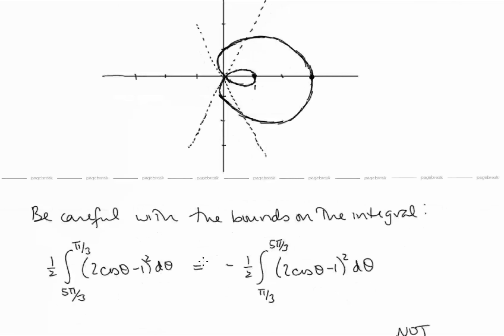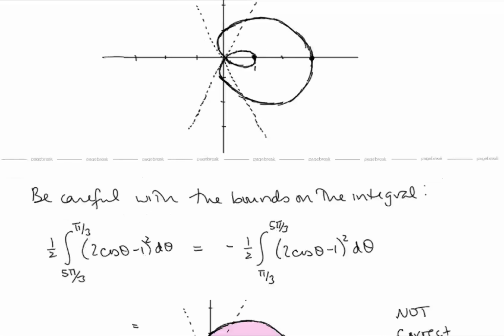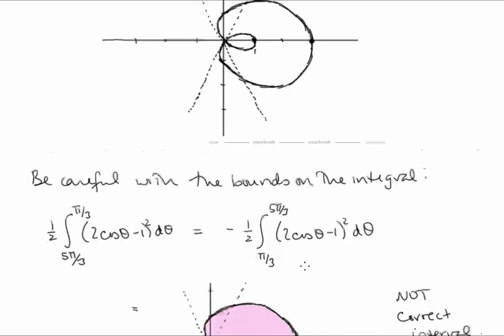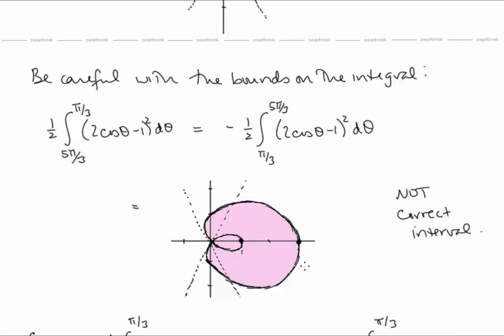Because remember that the integral from 5 pi over 3 to pi over 3 is really negative of the integral from pi over 3 to 5 pi over 3. And this is the area enclosed by the outer loop. So really, this integral is going to be negative of this area.